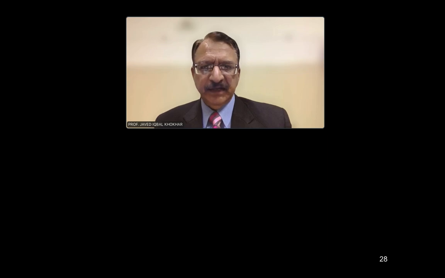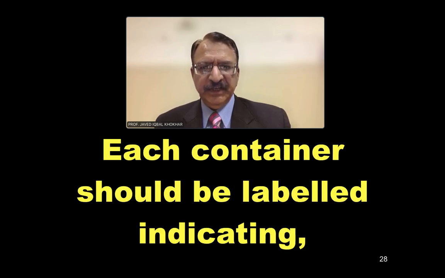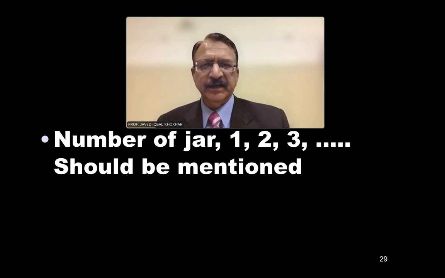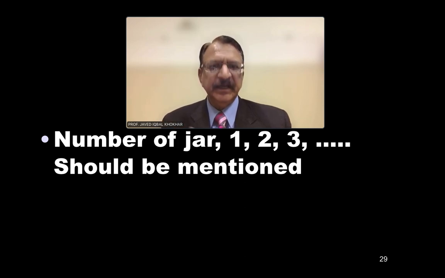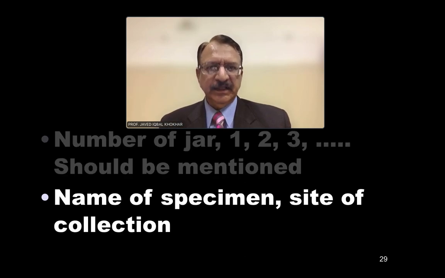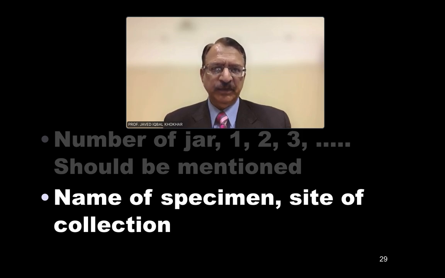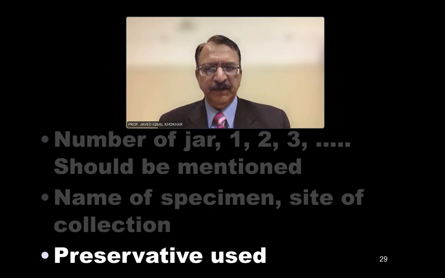Then labeling is very important. Each container should be labeled and it should indicate the number of the jar, because of how many jars you are collecting: jar number 1, jar number 2, jar number 3. Then the name of the specimen which you have put in and the site of the collection, where you have collected it from, should be written on the label.